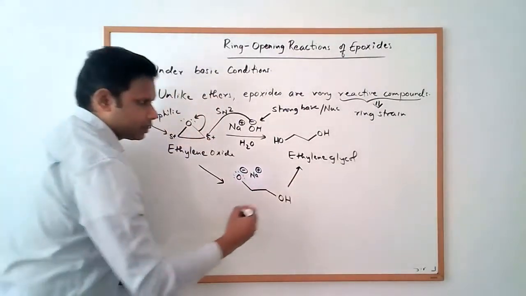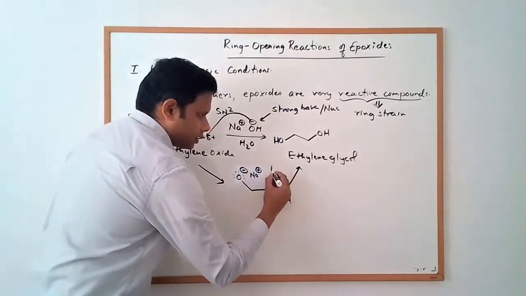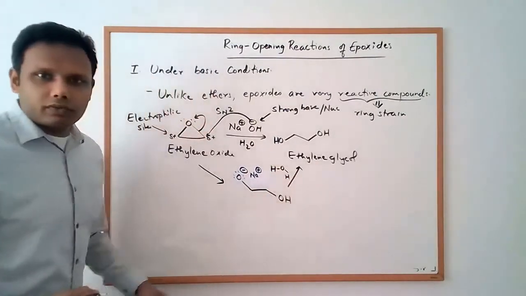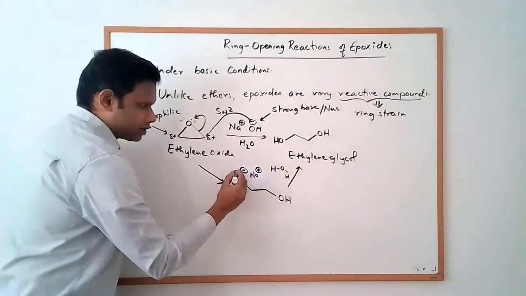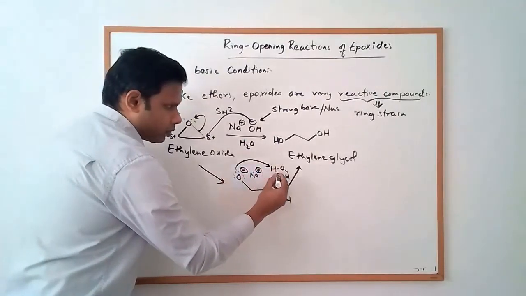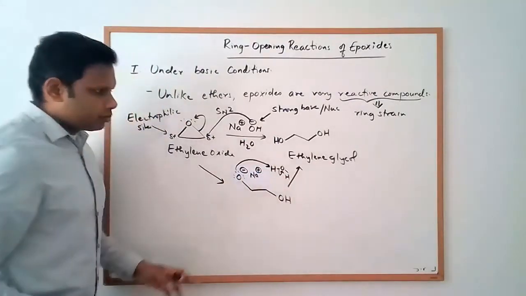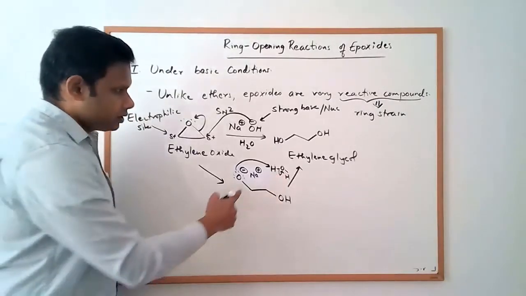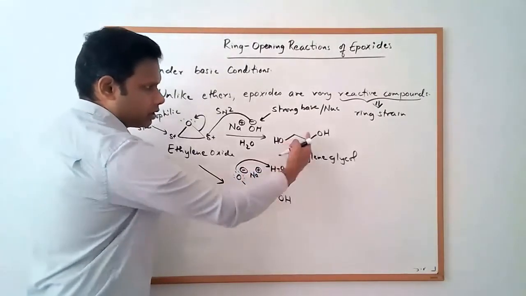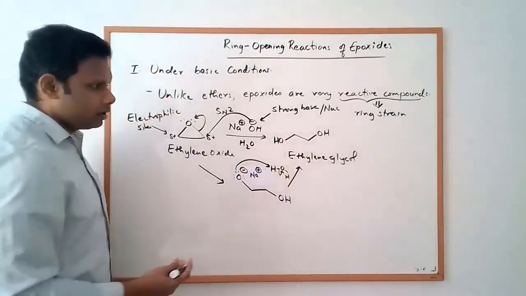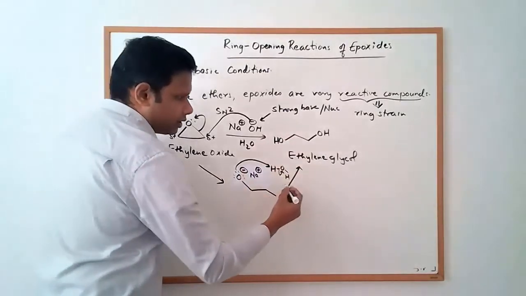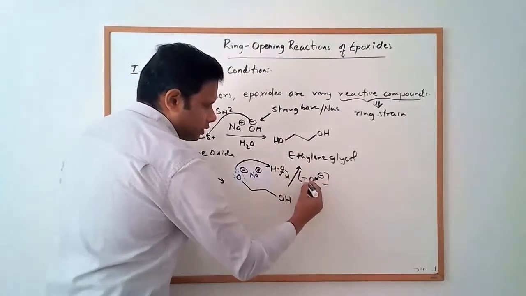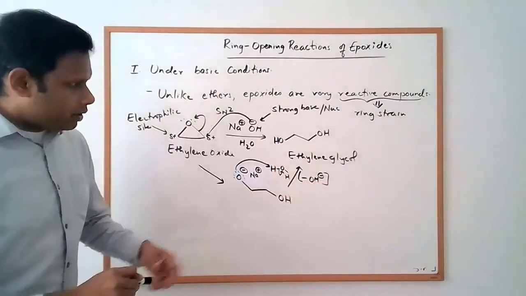the alkoxide that's generated can react with water, which is our solvent. So it can abstract a proton from water. And as you might notice, that would generate hydroxide. So it would pick up a proton, become ethylene glycol, and generate hydroxide.